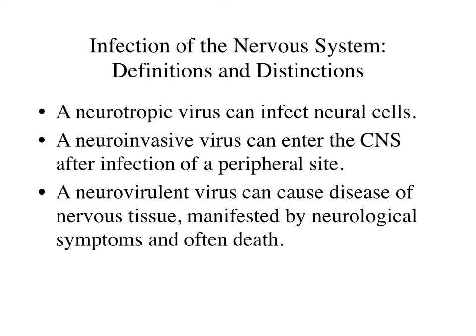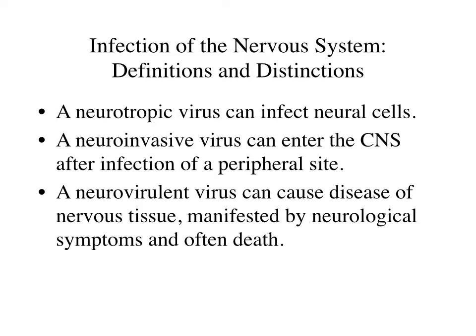So what I'm talking about here is the first time you get infected with herpes simplex, it replicates in the peripheral tissue, and then the sensory nerves that innervate that tissue become infected. The virus can remain latent in those nerve cells.